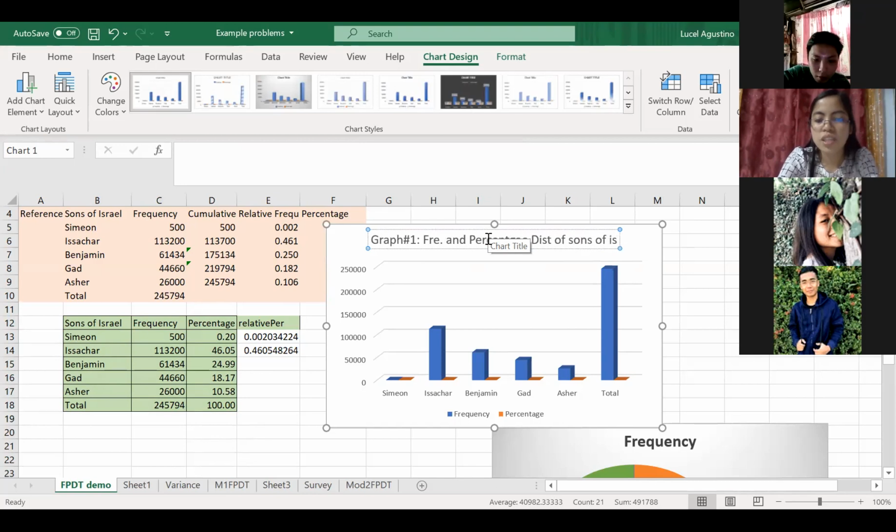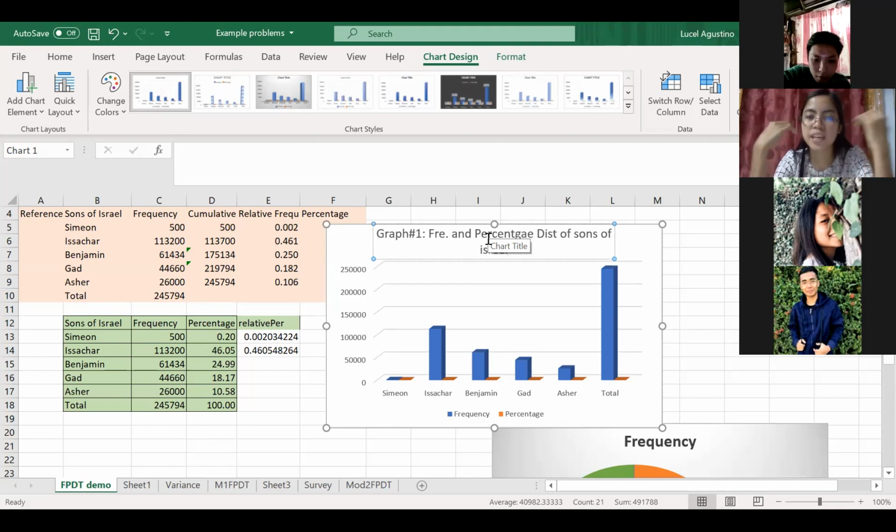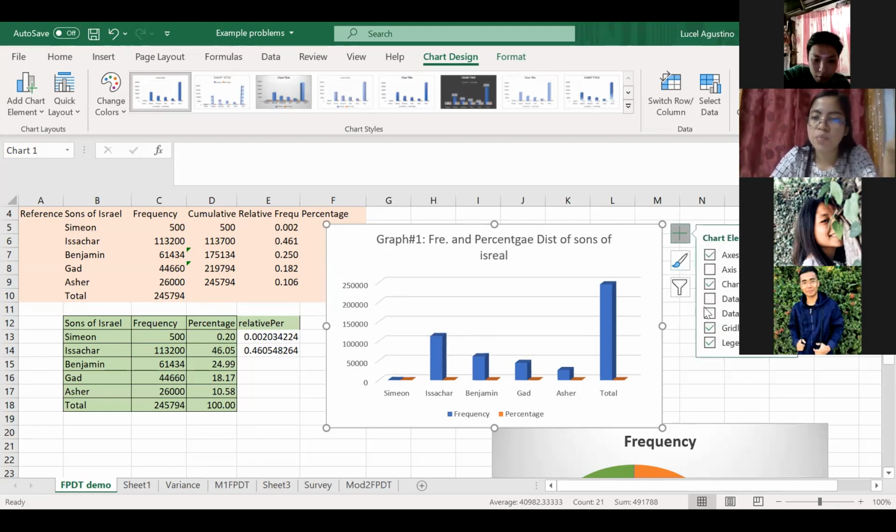So that's how you need to have the table or the graph heading all the time. And then if you want to add the data value, you will just click here. So easy lang siya, di ba?